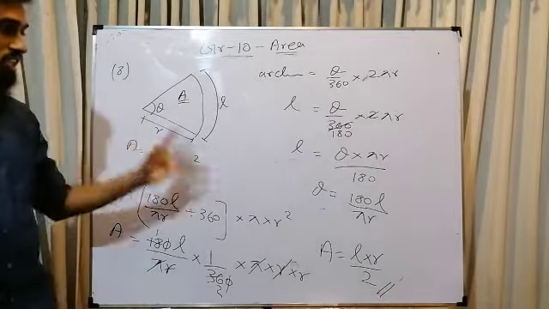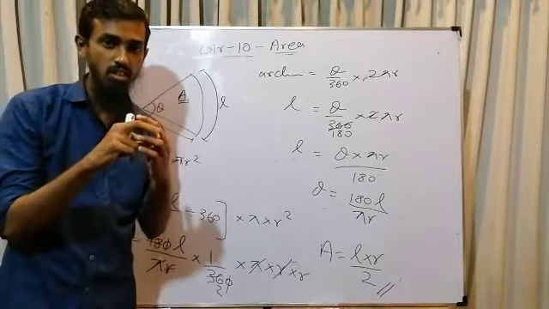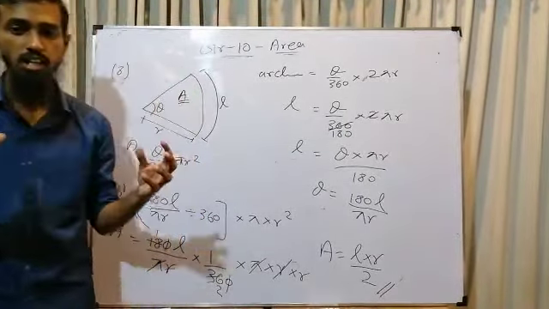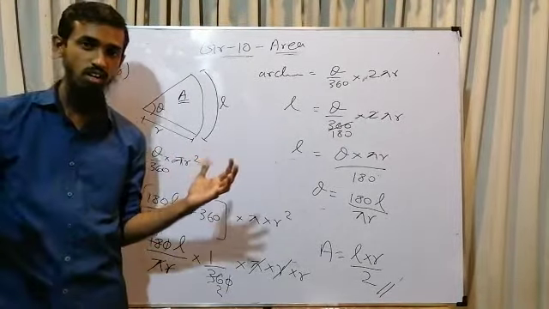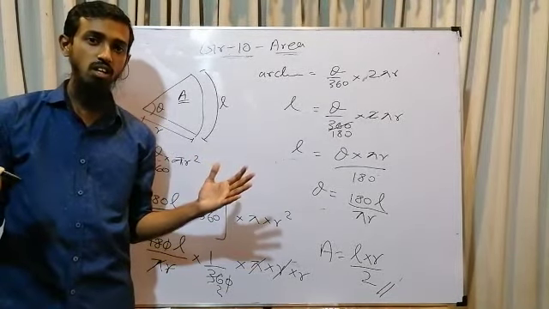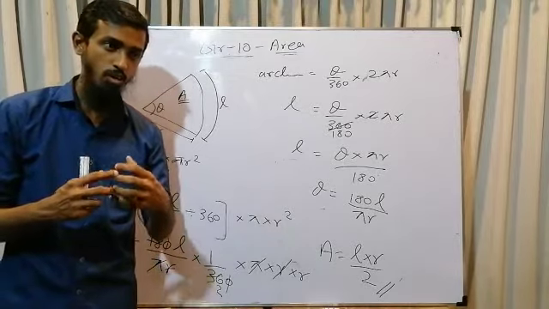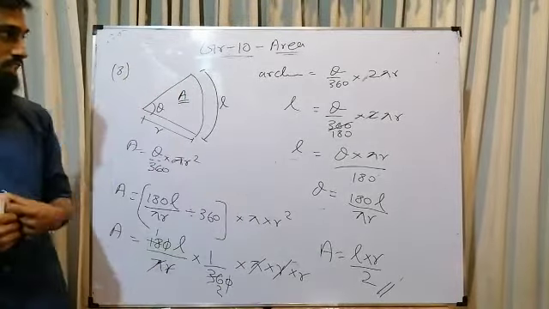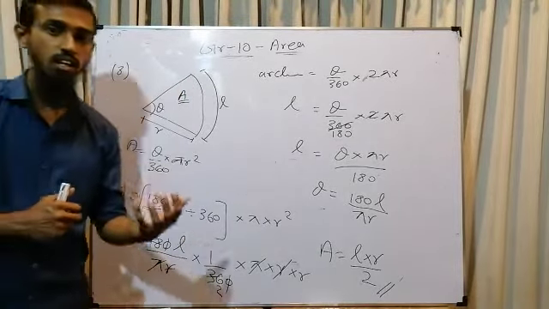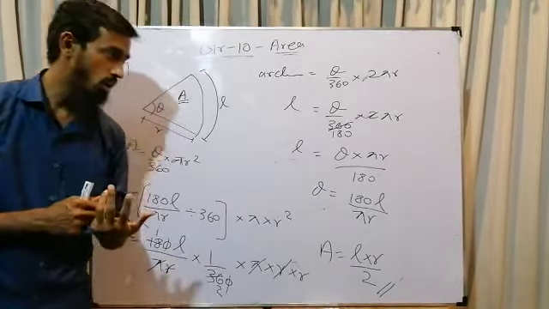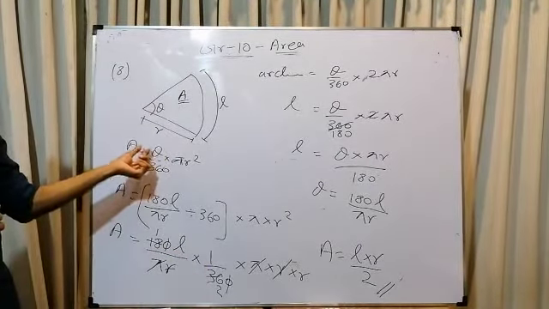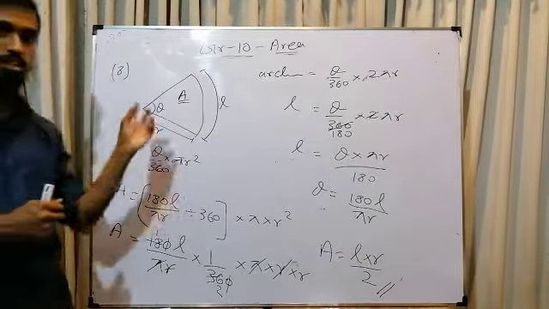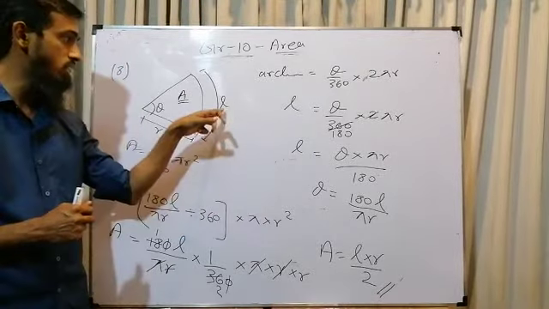Firstly, we thought about how to relate arc length. Remember, arc length and area are two different kinds of things, so we can't relate them directly. But arc length and theta have a relation. So instead of theta, we can substitute the arc length.